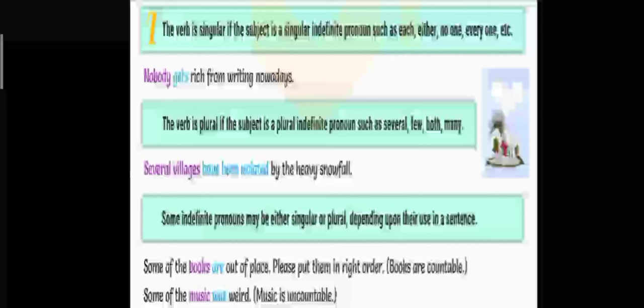Some indefinite pronouns may be either singular or plural depending upon their use in a sentence. Some of the books are out of place. Please put them in right order. Here the books are countable. Some of the music was weird. Here the music is uncountable.